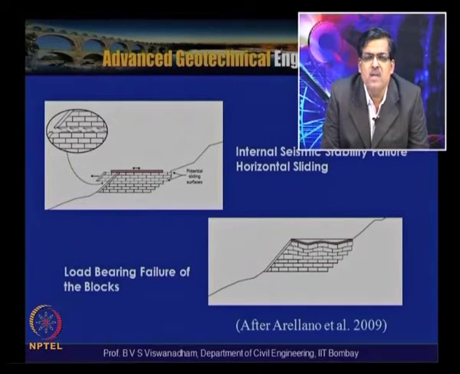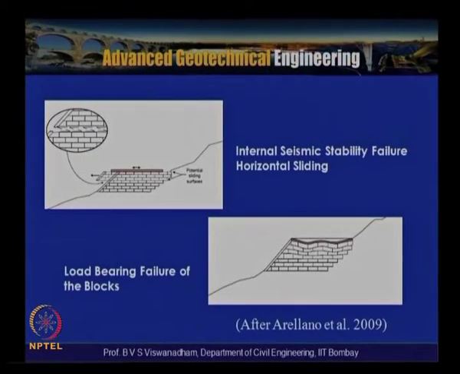In addition, there can be some pavement cracking failures caused by this. So these different modes of failure are discussed basically to make us aware of the understanding required in this area.